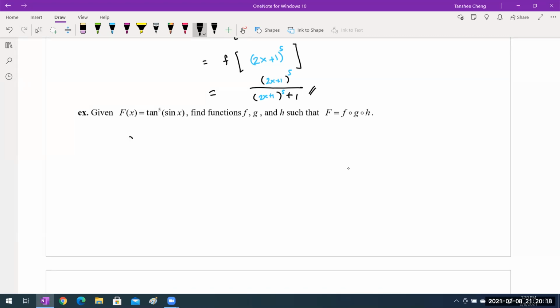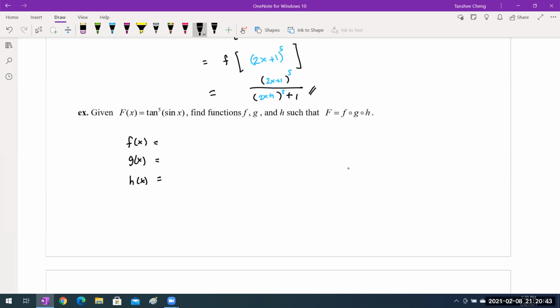The most outer function is the f function. The next inner function is the g function. And the most inner function is the h function. So you need to be able to see which is the most outer function, what is the next inner function, and the next inner function, and so on and so forth, in that order.